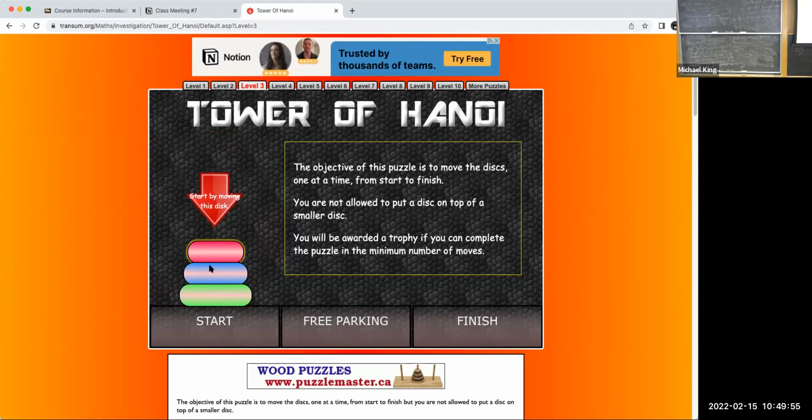So the idea is you want to move these 3 disks over to here, but you can never put a bigger disk on top of a smaller disk. I actually saw this on an episode of Survivor once. I watched one random season of Survivor, and the puzzle was the Tower of Hanoi, and I was like, oh, I would last 2 seconds on Survivor, but I could solve that.